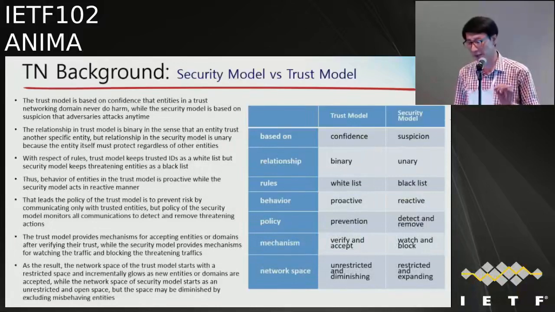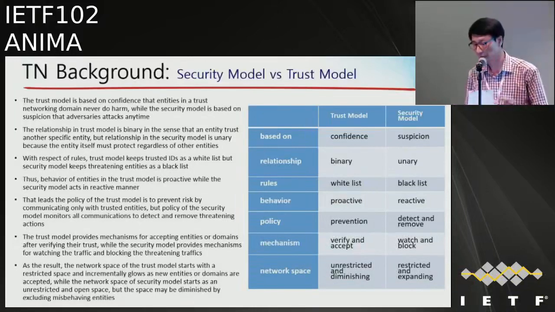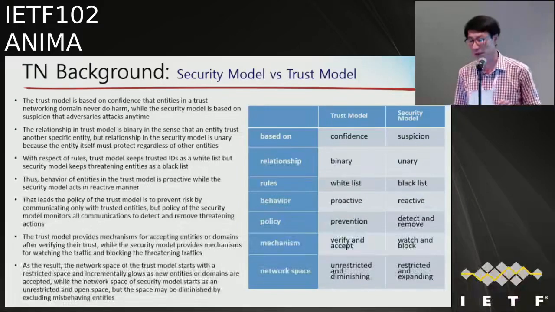So as a result, the network space of the trust model starts with a restricted space and incrementally grows as new entities or domains are accepted, while the network space of the security model starts as an unrestricted and open space, but the space may be diminished by excluding misbehaving entities. So, next slide, please.